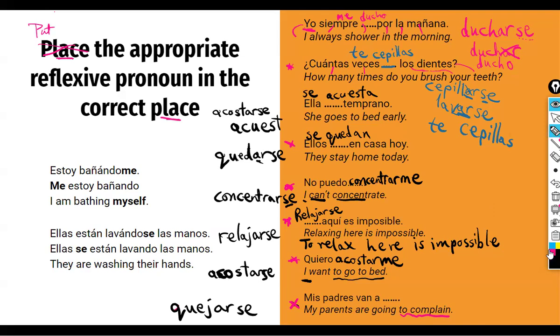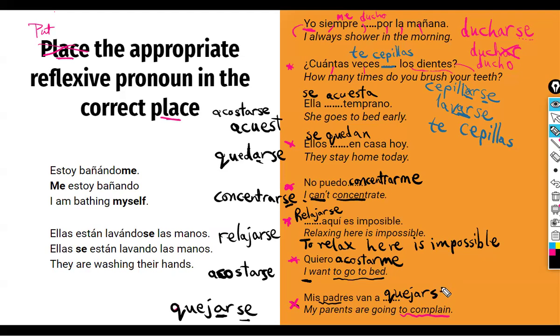It's the infinitive. So if it's the infinitive, we keep the AR or the ER or the IR, right? So quejar. And then who is doing the complaining? My parents. They are doing the complaining. So what pronoun do they get? They would be ellos. So they would get se.